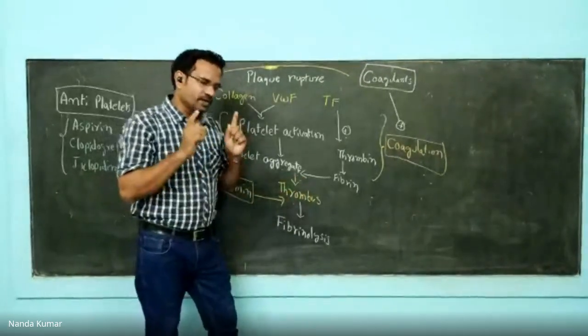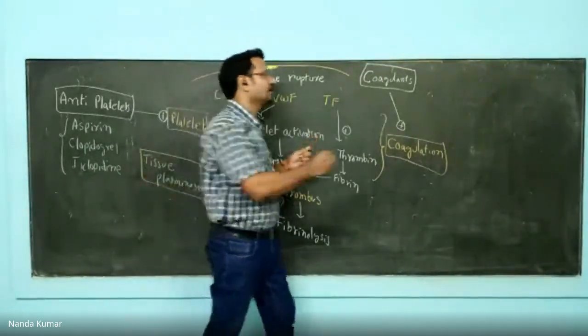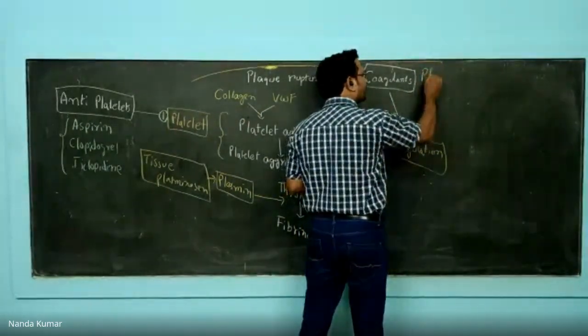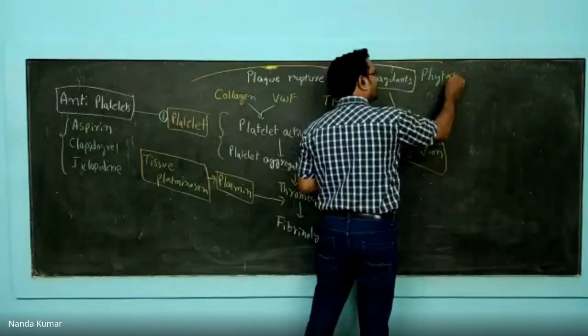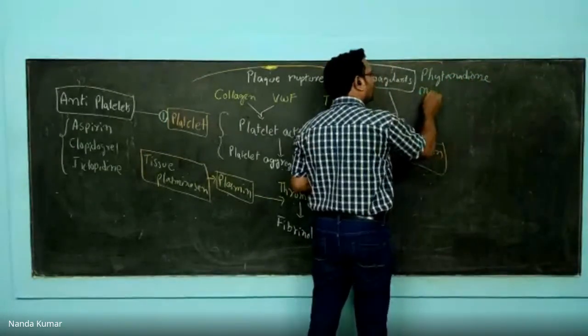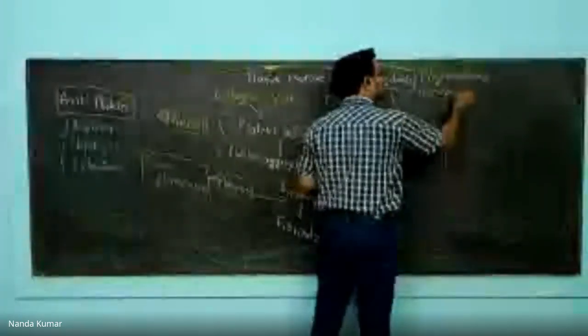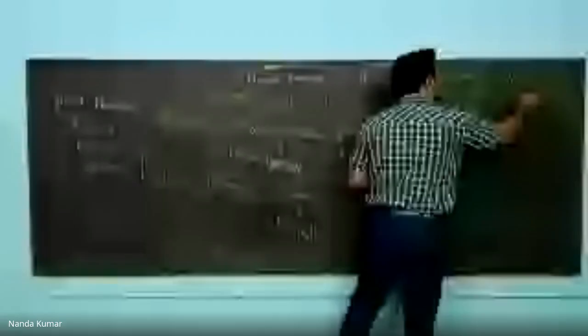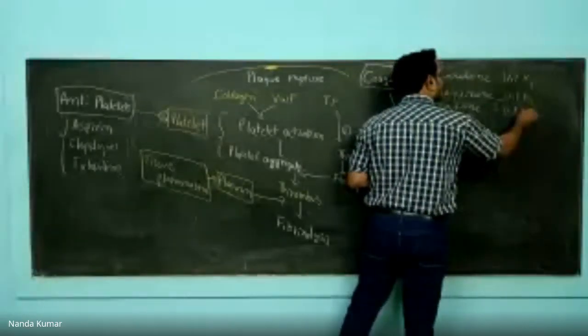What are coagulants? Vitamin K will cause coagulation. This is nothing but vitamin K. Vitamin K has three derivatives, like phytonadione, menaquinone, and menadione. All of them are derivatives of vitamin K. This is vitamin K2, this is vitamin K3.